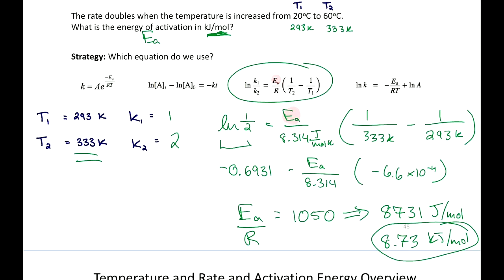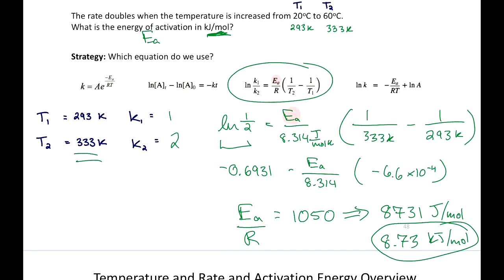What? Yeah, I'm wrong. Wait, hold on. Okay, natural log of 0.5 divided by negative 4.0.